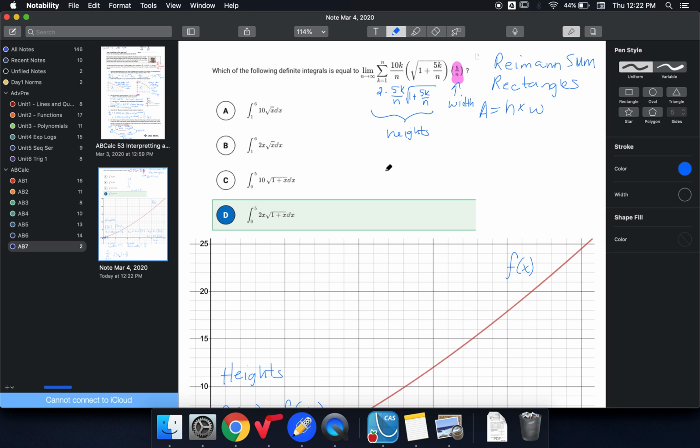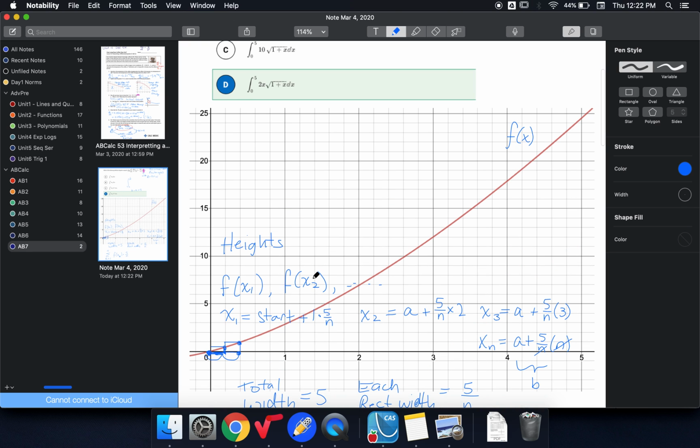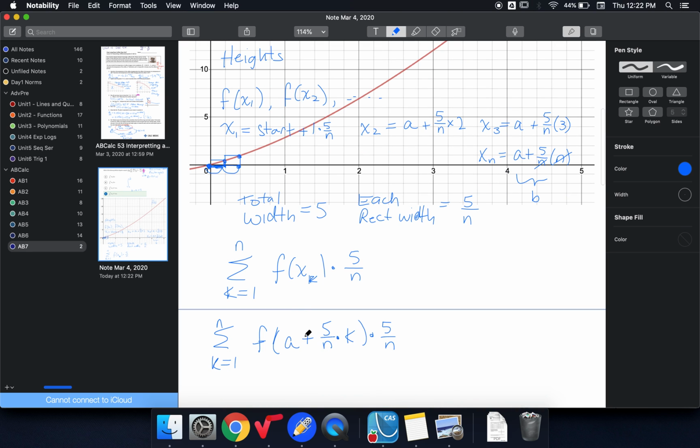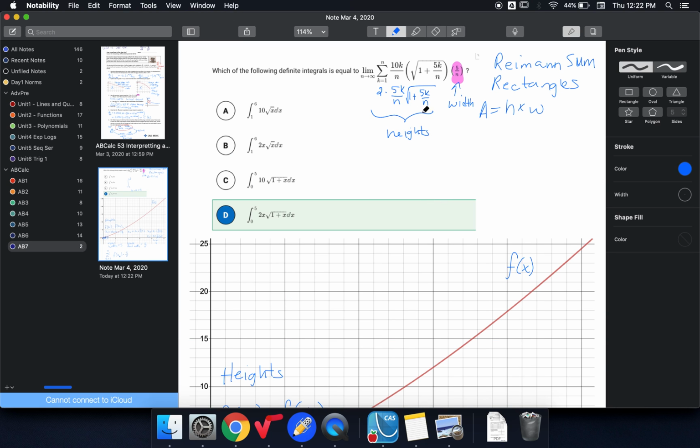And we said that we needed to start by seeing a plus 5k over n. Well, I might think that the a value is 1, but that doesn't happen here. So that must mean that my a value is 0, which now means that I'm only looking at C or D. And then I have 2 times, and each of these are taking the place of my x's.